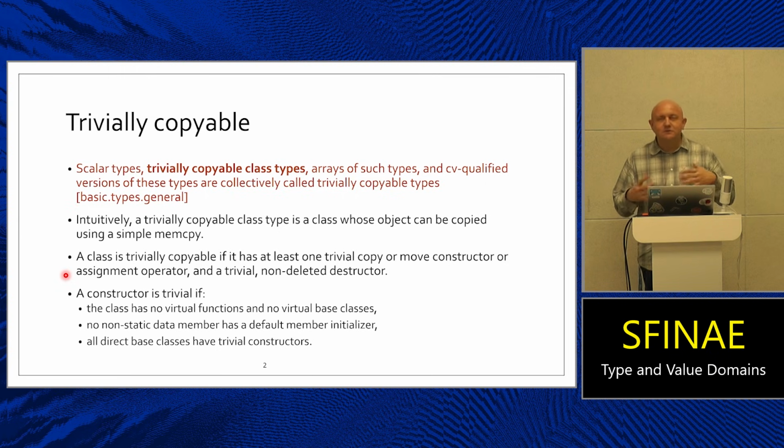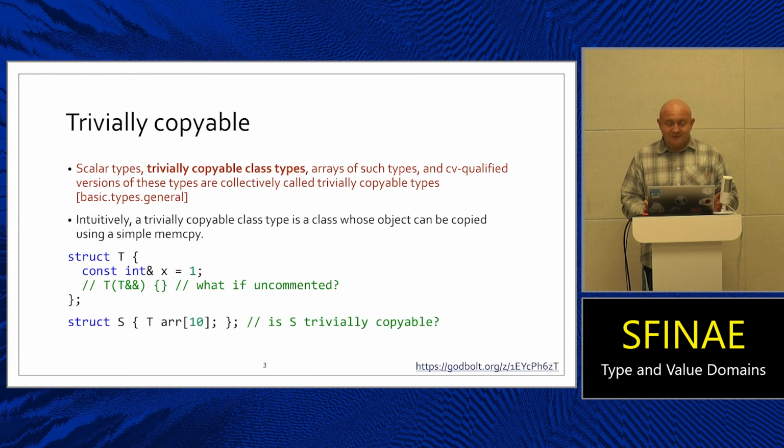Because if you're using a user-defined constructor, user-defined destructor, or user-defined copy constructor, what does it mean? It probably is some sort of array or hidden array, and memcpy would probably break it. So to sum up, a trivially copyable class is one that can be copied bit for bit safely without invoking any special behavior. And that's the key idea.